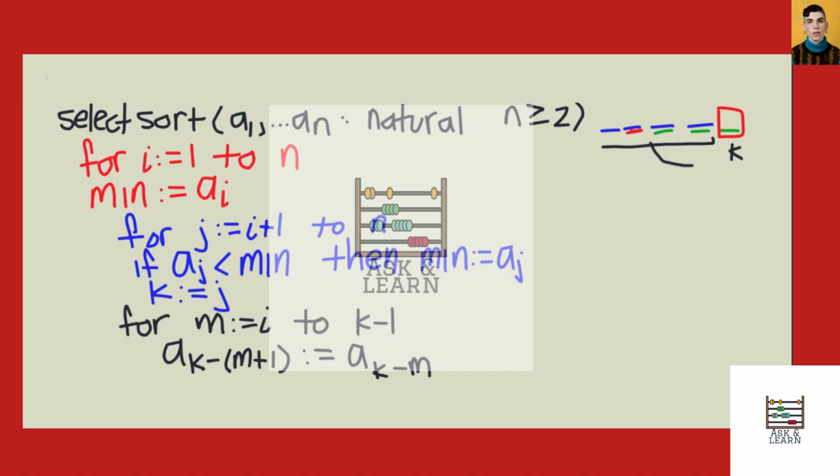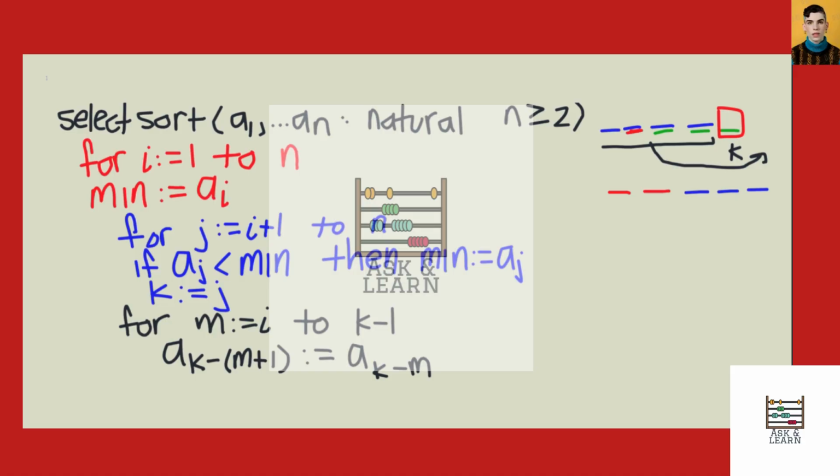So everything here is going to get moved over, leaving our smallest elements in the front, and then the elements yet to be sorted later on in the list.